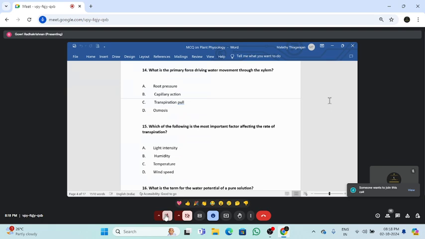Come on, it's a very simple question. Capillary action, ma'am. No, not capillary action. Transpiration pull, isn't it? After the root pressure, as it goes higher, only by transpiration pull does the water movement take place in the higher parts of the plant.